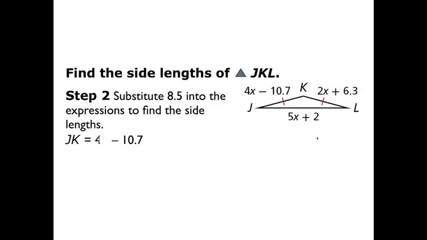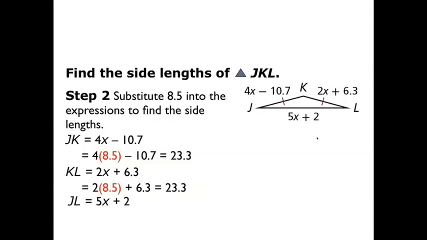Plugging it in for JK, 4 times 8.5 minus 10.7, giving us 23.3. And then you can see how we plug in for the other two sides. Fairly straightforward. So we see that JK and KL have the same length, which they should have, since they were congruent. And then JL, the base side for that isosceles triangle, has a different length.